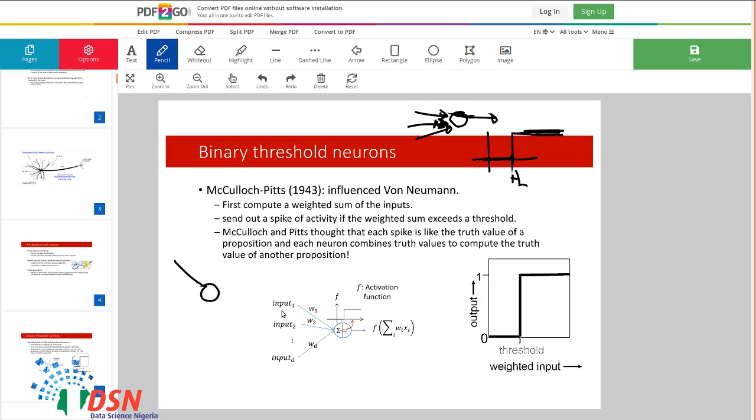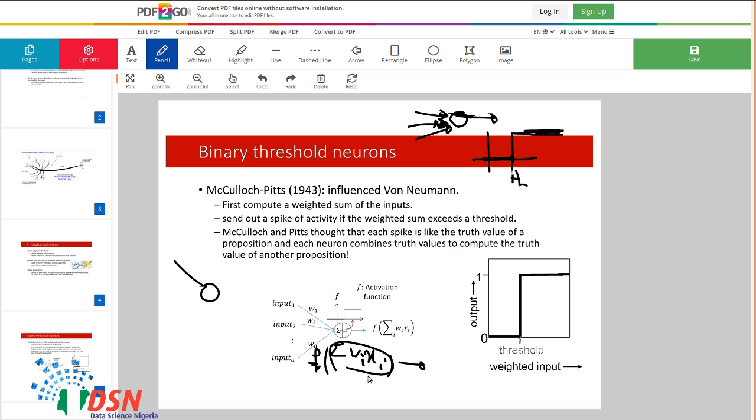We have some input, then we calculate the sum of w_i x_i, then we apply this nonlinear function to calculate the output. The output could be 0 or 1 because it is a binary threshold neuron. So it is a pretty simple model for a neuron.